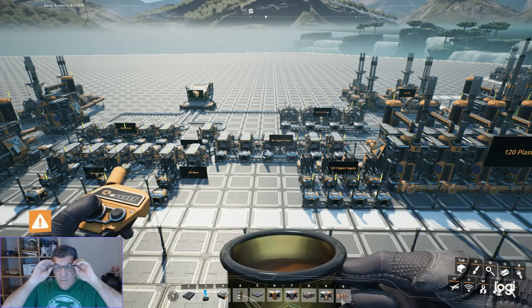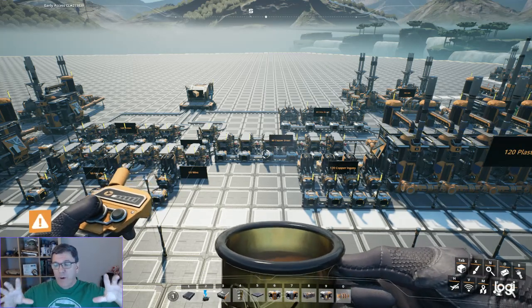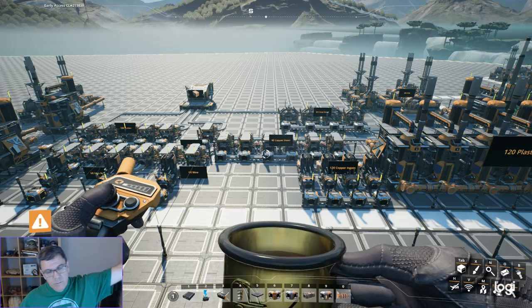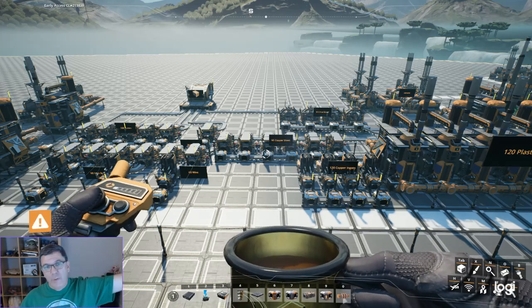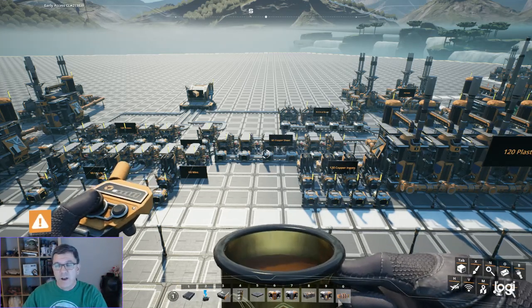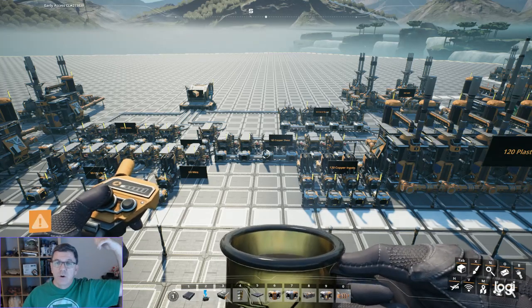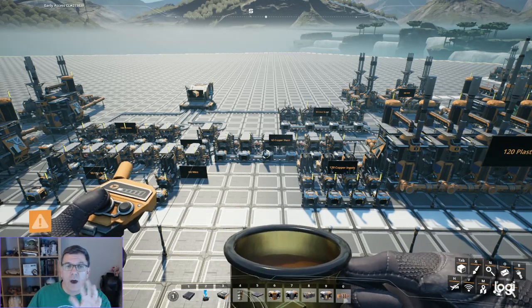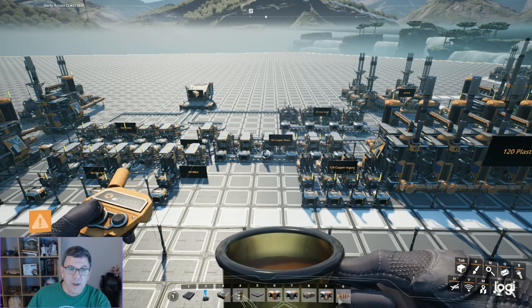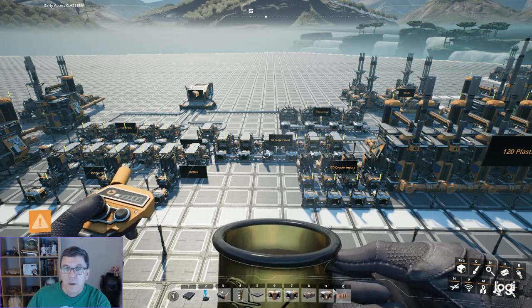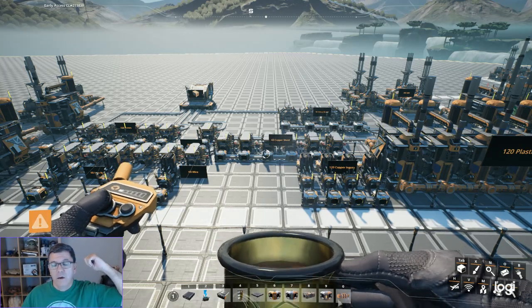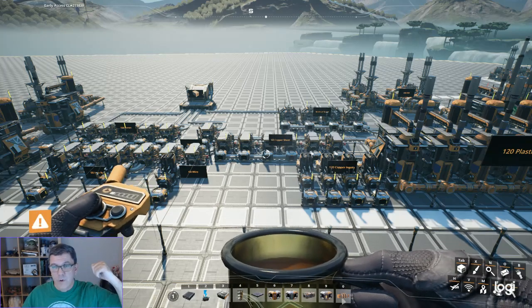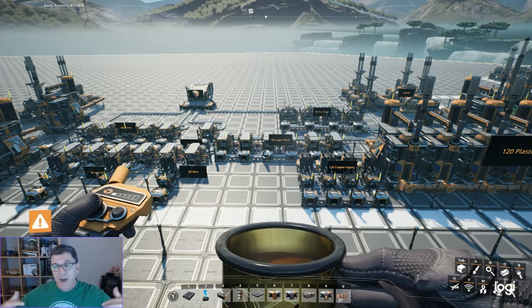So if you wanted to set up a plastics factory off at your oil patch, set up a screw factory back where you've got the pure iron nodes, and set up your cable factory back where you've got your pure copper nodes, you could just pipe all of that in.